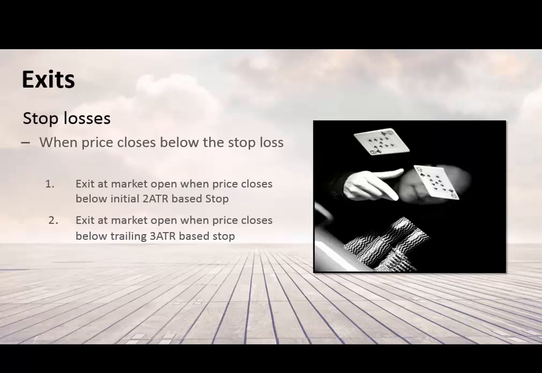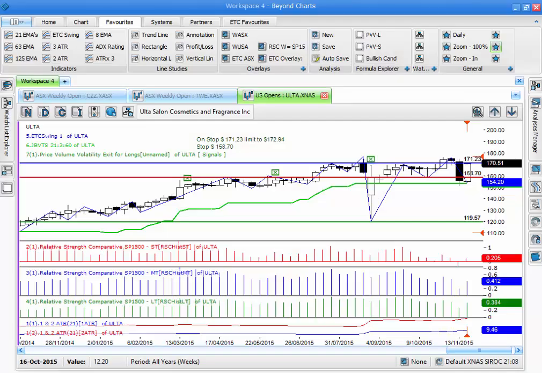If it's a week, that would mean on the Monday morning following the close below that 3 ATR based protective stop. So let's go through an example of this just to illustrate.